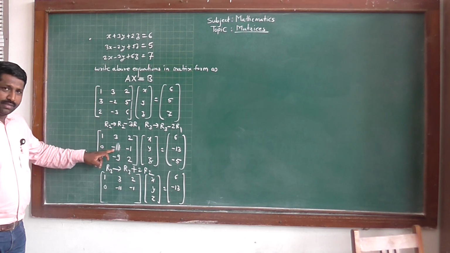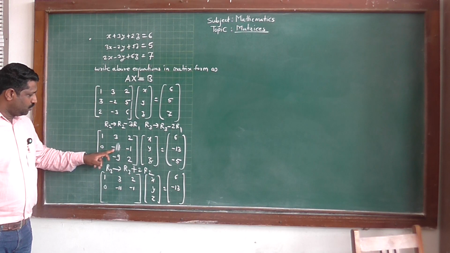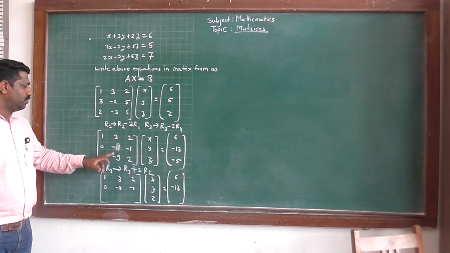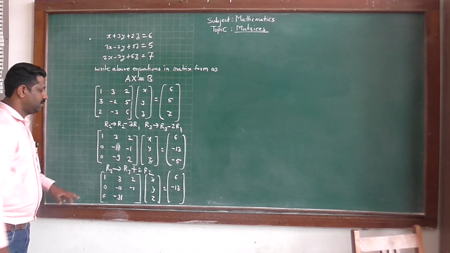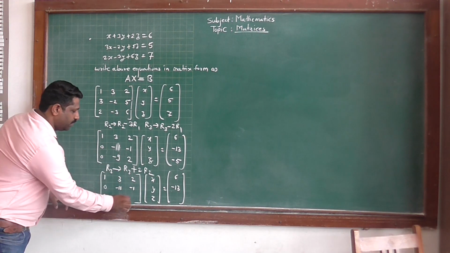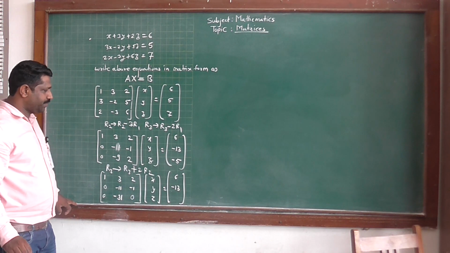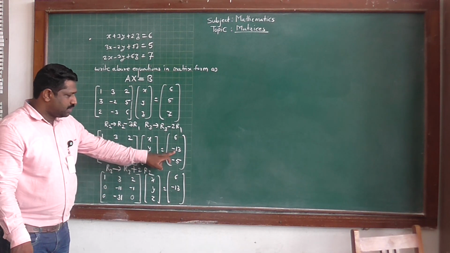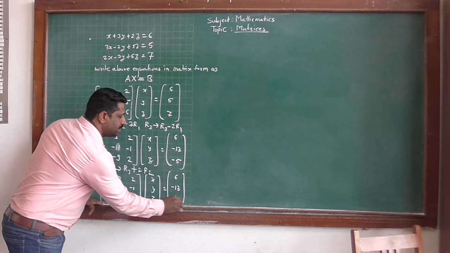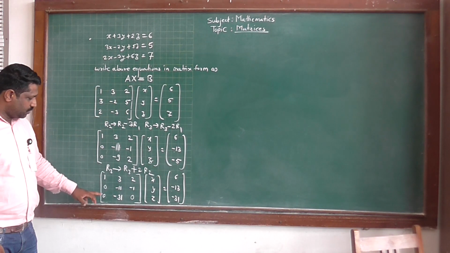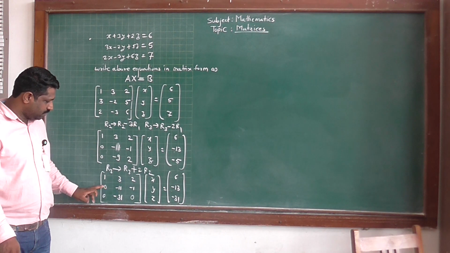Now we multiply the second row by 2 and add it to the third row. So minus 22 added to minus 9, that is minus 31. Minus 2 plus 2, here it will be 0. So minus 13 into 2, minus 26 added to minus 5, that is minus 31.